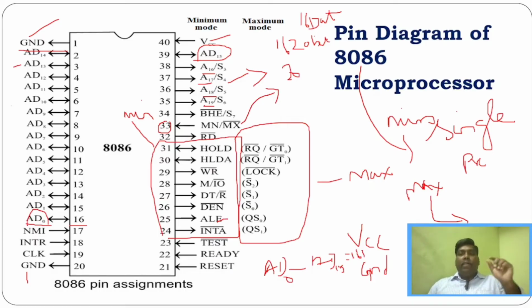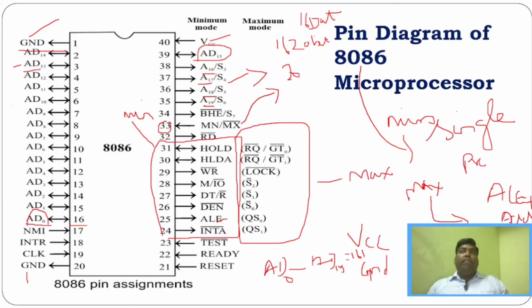Whenever ALE is equal to 1, the AD line will be acting as an address line, and whenever it is equal to 0, it will be acting as a data line.